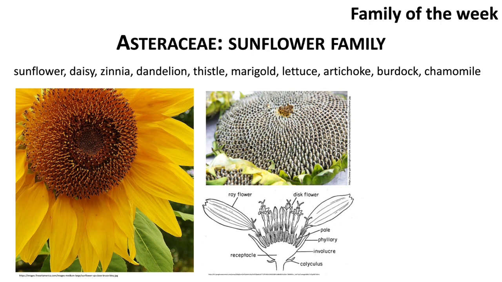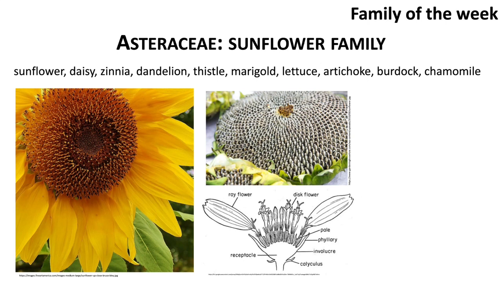The defining feature of the Asteraceae is their composite flowers. What looks like a single flower is not actually one flower, but rather a head made up of many small flowers. The flowers along the edge that look like petals are called ray flowers, and they are bilaterally symmetrical.